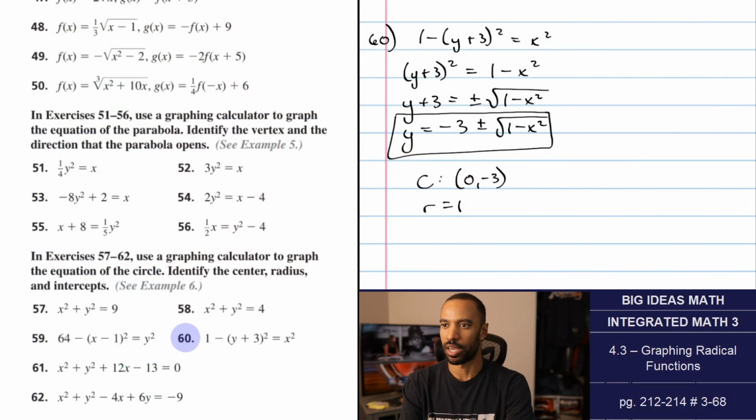Again, I'm predicting a center at 0, negative 3, and a radius of 1. Going 1 around this, there you go. The little guy. So there's this graph, and that seems to be the information that lines up.